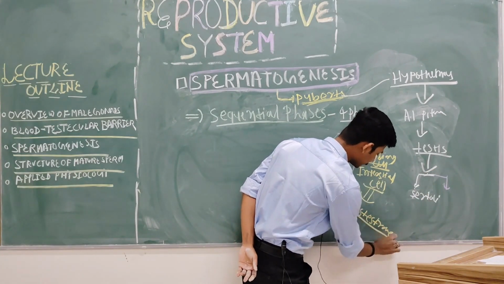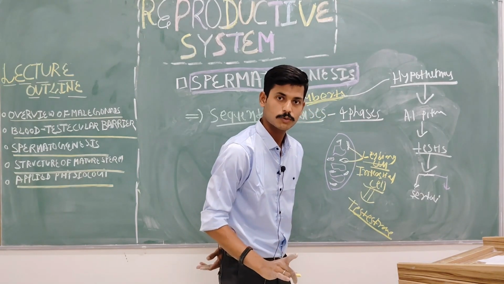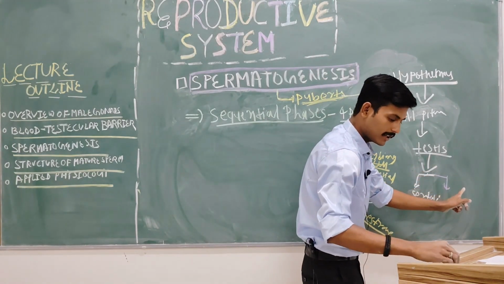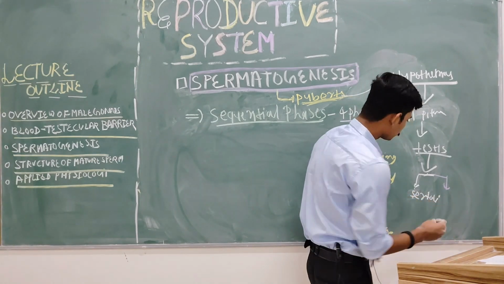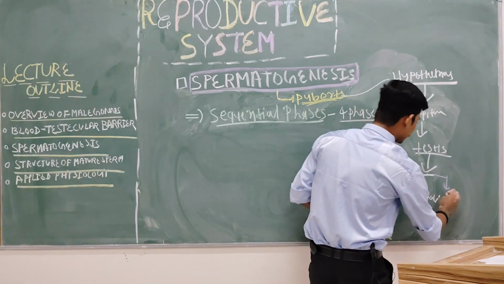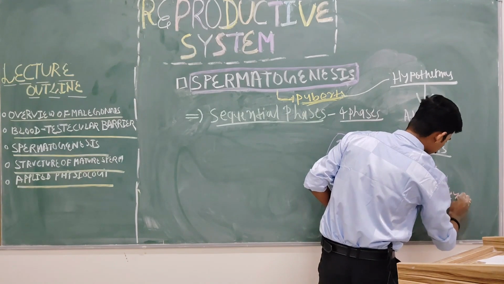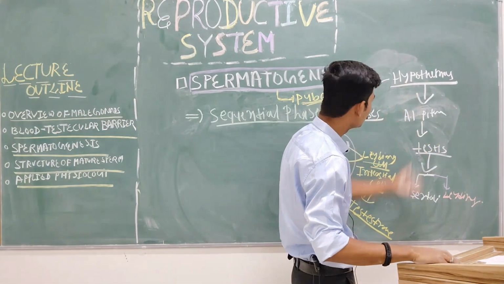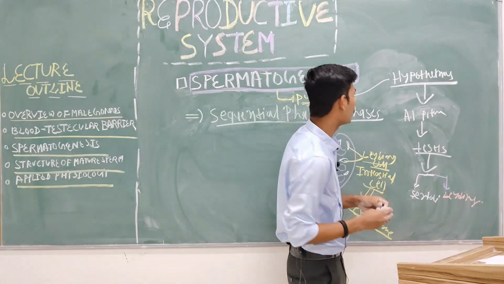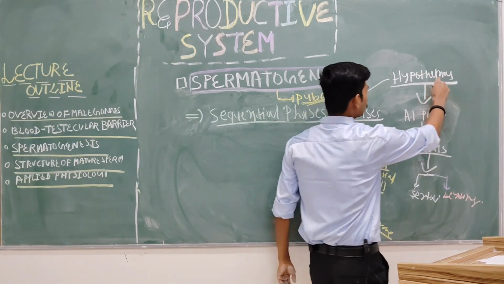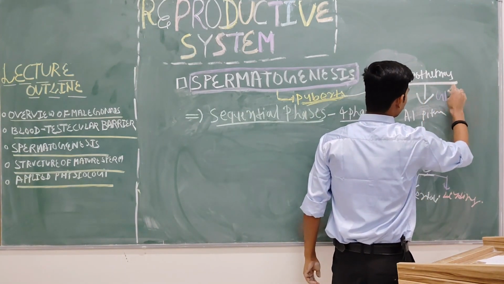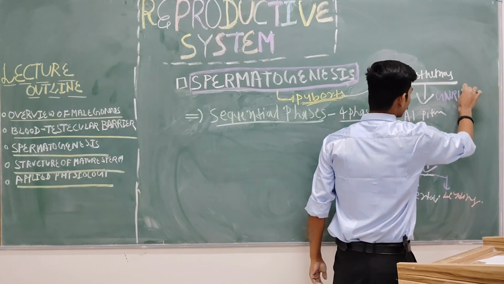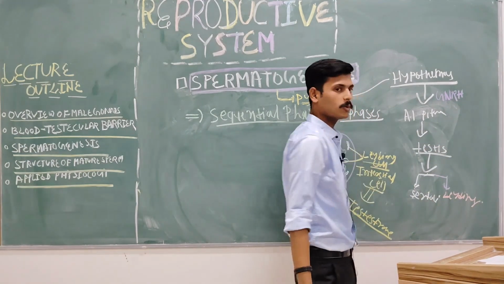Are you following? Understood? No problem. So the testis also influences these Leydig cells. How? Simple. The hypothalamus secretes a message called GnRH, gonadotrophin releasing hormone.